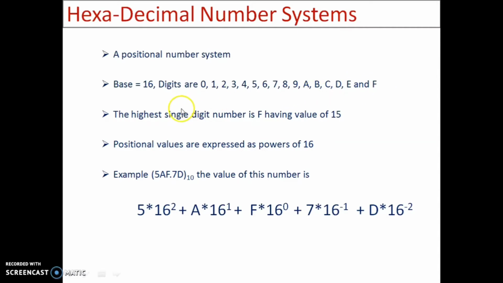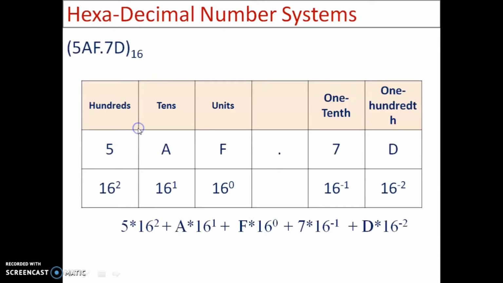So, the highest single digit number is F, having the value of 15. Since it has a total of 16 digits, the base is 16 and positional values are expressed as powers of 16. Consider an example of hexadecimal number 5AF.70, expressed as a sum of product of each digit with its positional value.